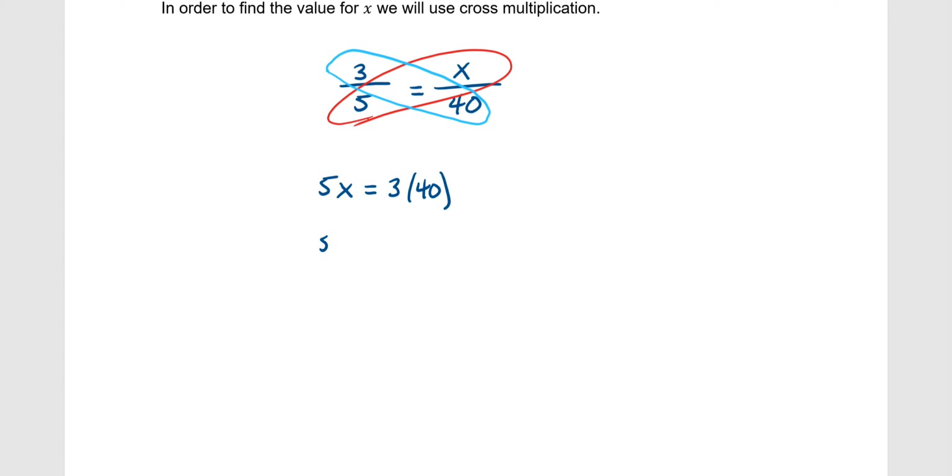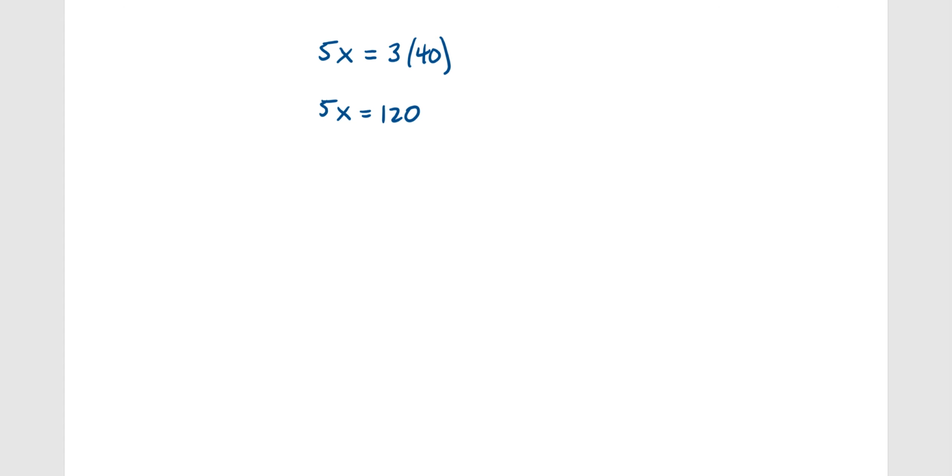Okay, so 3 times 40 is going to be 120. And if we are trying to find x here, what we have to do is recognize that this is 5 times x on the left. To get x alone, we have to divide both sides of the equation by 5 to cancel it on the left to get x alone. So we get x equals 120 divided by 5, which is 24. So we get x equals 24.